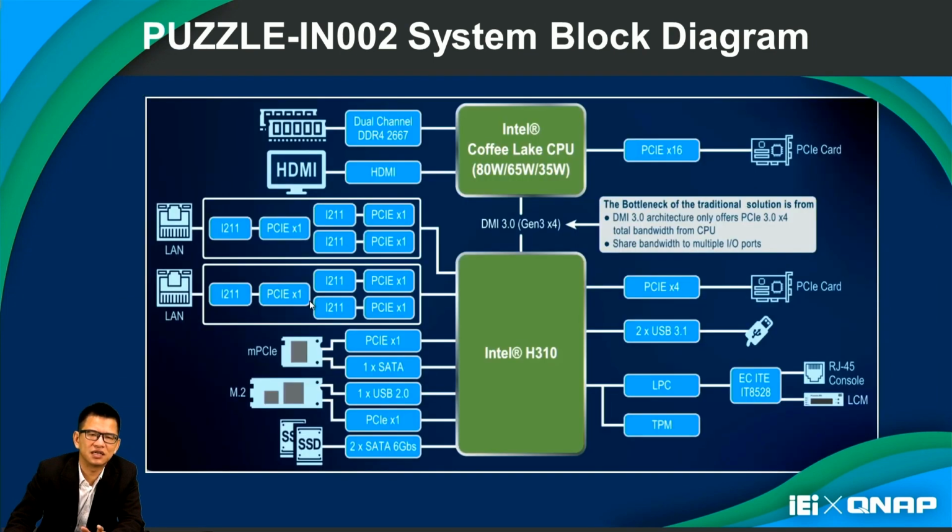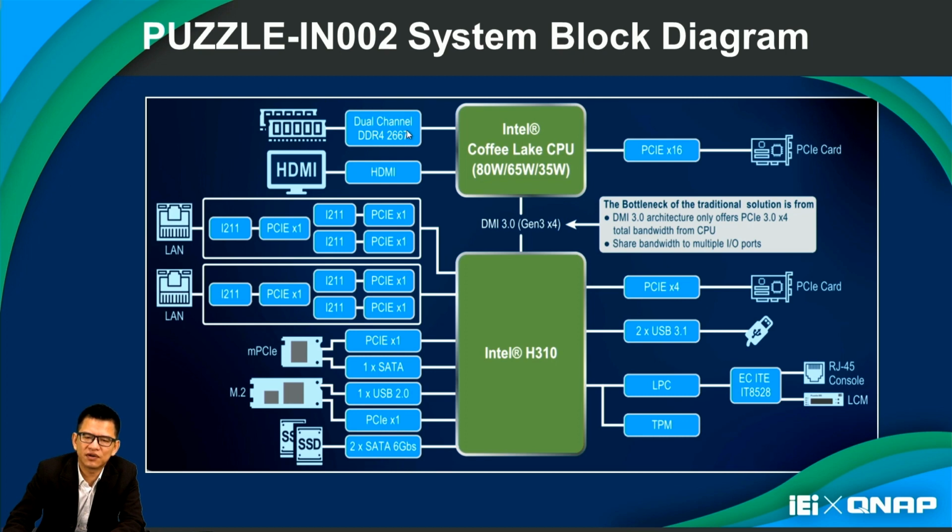Then let's see the block diagram of IN002. From the CPU, there's only one PCIe by 16 signal for the standard PCI card, so this system can only support 1 expansion card, a standard PCIe card.